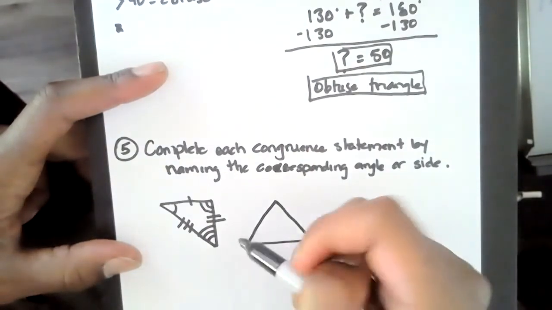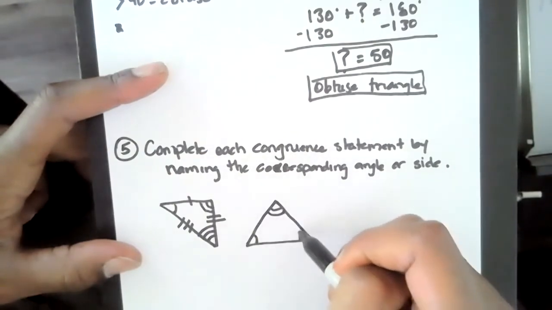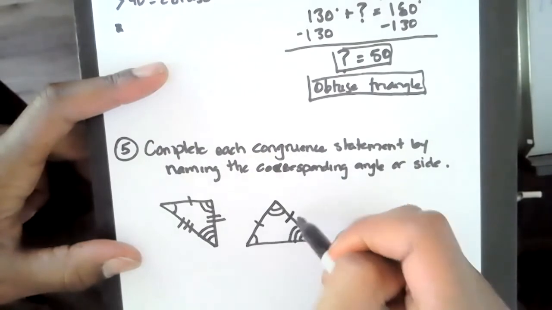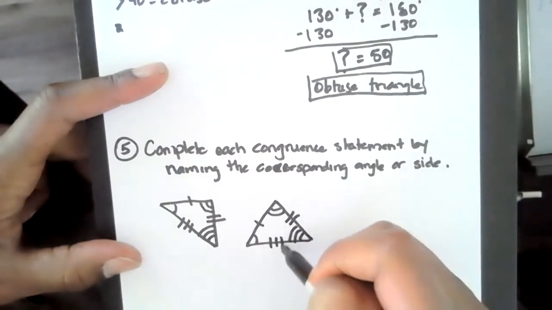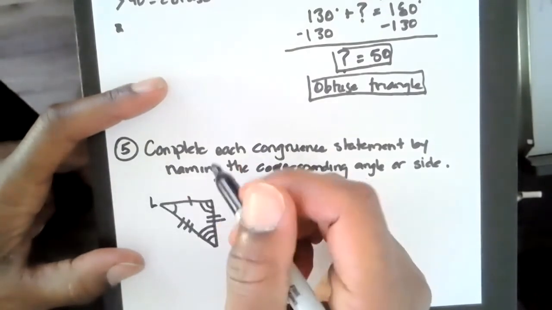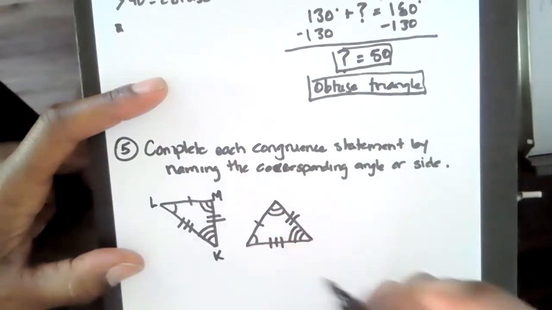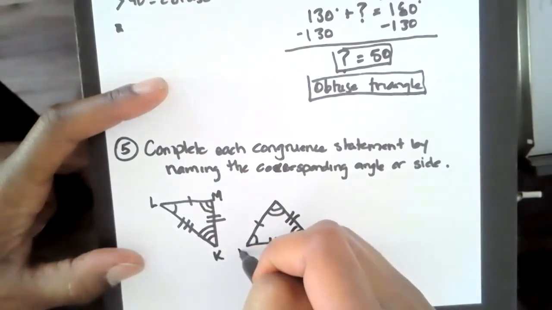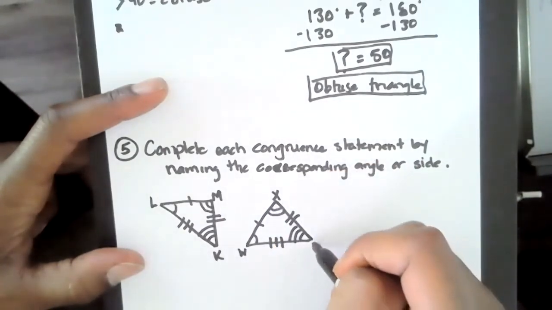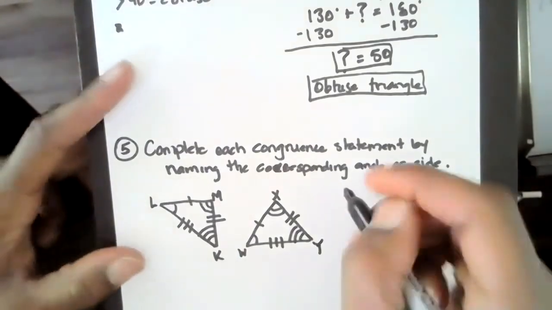It looks like this. All right, and they say this is L, this is M, this is K, this one here is W, this one's X, and this is Y. Okay?